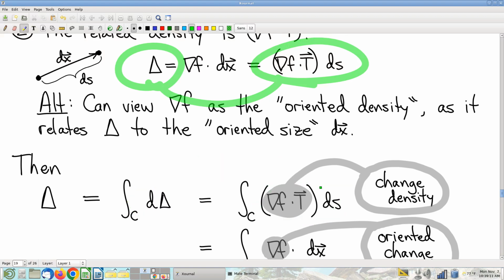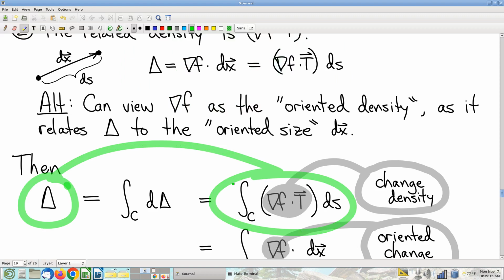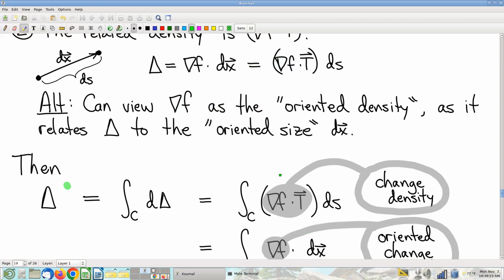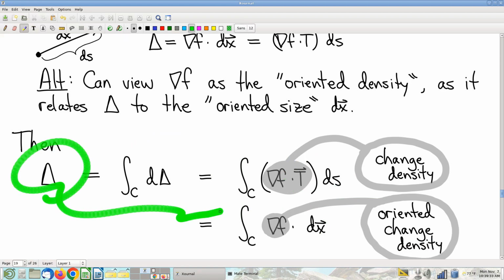And so, theorem. There's our fundamental theorem of line integrals. f of b minus f of a, aka change, is that integral. I'm going to rewrite that as T ds is dx. And here's the way we maybe more commonly think about it: the integral of gradient f dot dx. Did I see a hand somewhere?